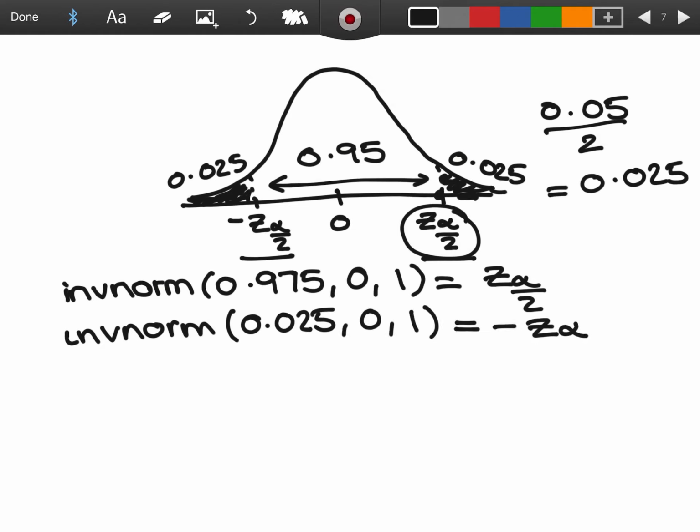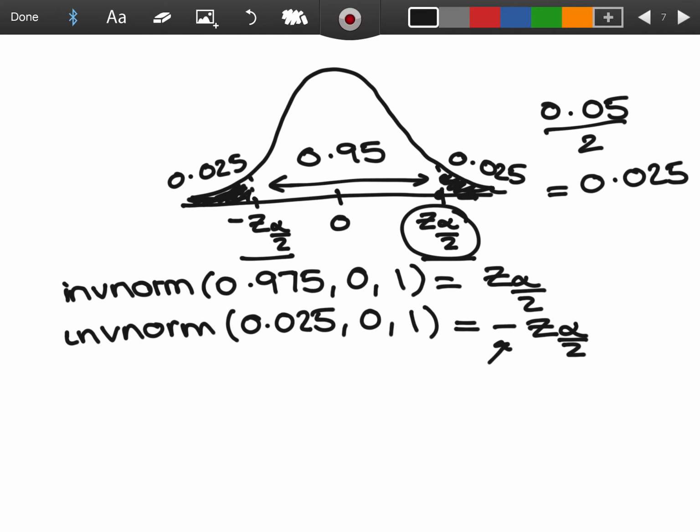That would give you negative z of alpha over 2. And then if you were looking for z of alpha over 2, just get rid of that negative. Okay, so you could just get rid of that because it's symmetric, so it doesn't matter. But either way, this is how you would find that z of alpha over 2 value.